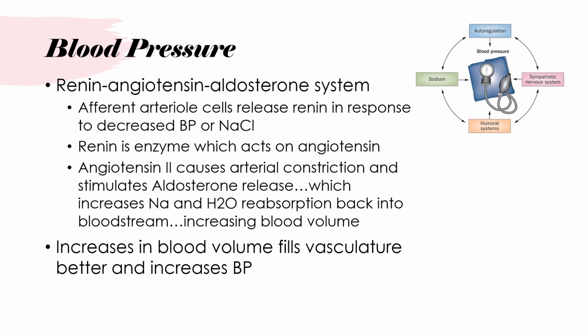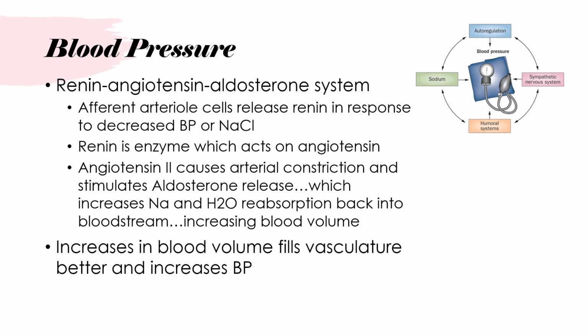Okay, blood pressure. We talked about the kidneys and the nephrons, so how does that relate to blood pressure? Well, we have the renin-angiotensin-aldosterone system. That's when the afferent arteriole cells release renin in response to decreased blood pressure or decreased sodium chloride concentration.